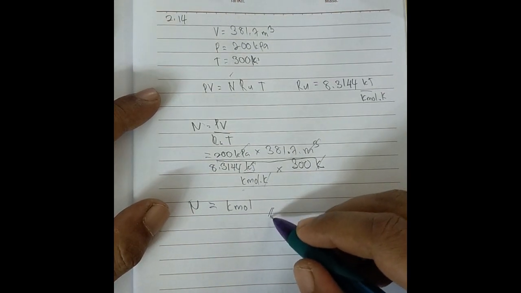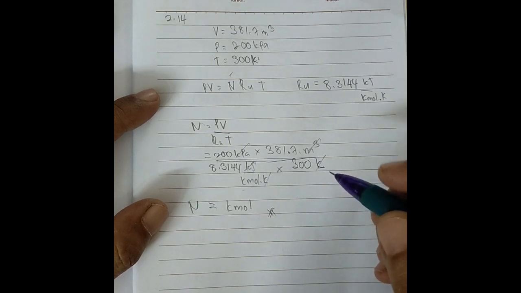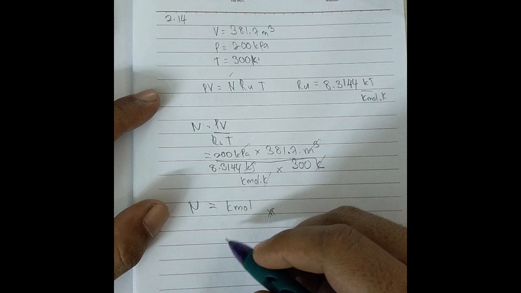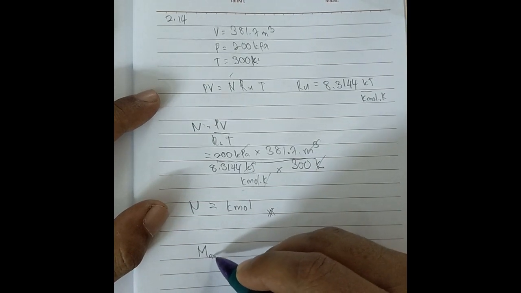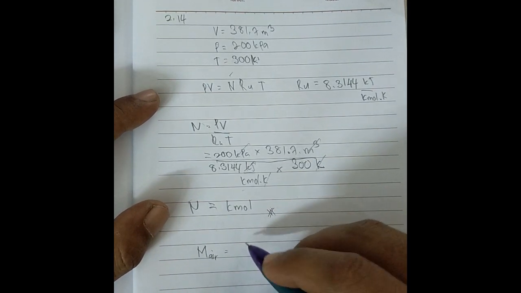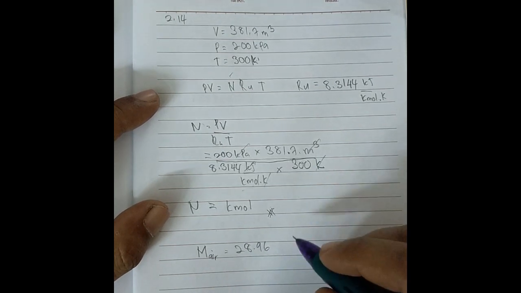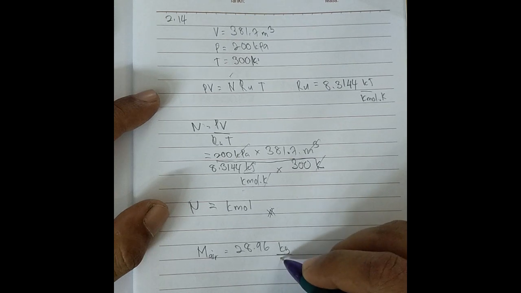Alright. So as in the slide, we know that the molar mass for air is 28.96 kg per kmol.